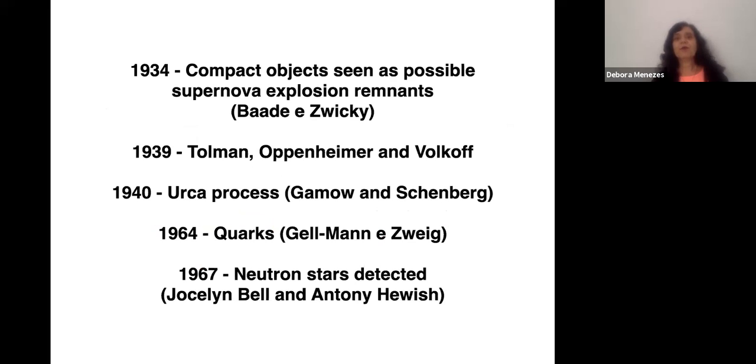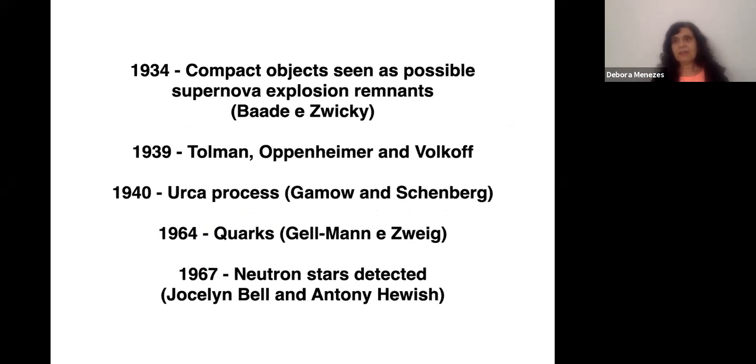Well, in 1934, some compact objects were seen, and one possible explanation was that they were remnants of supernova explosions. This was done by Baade and Zwicky.